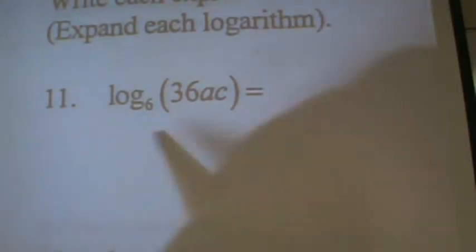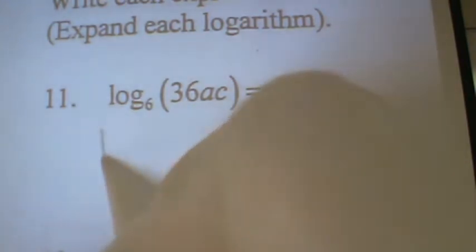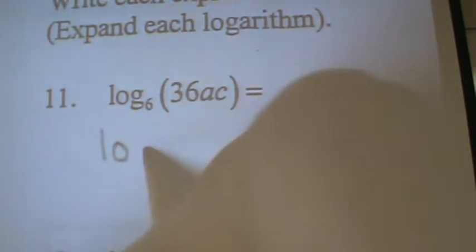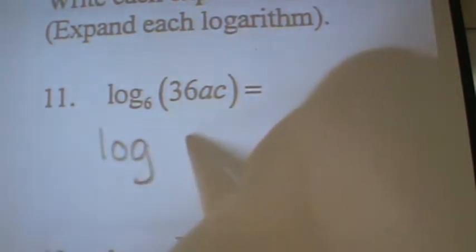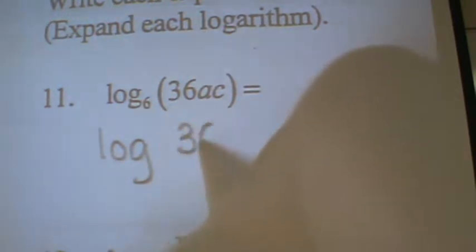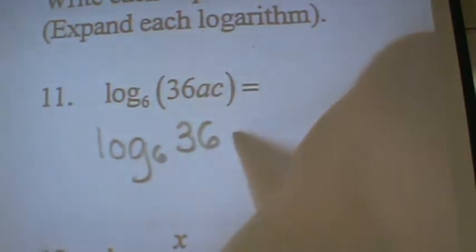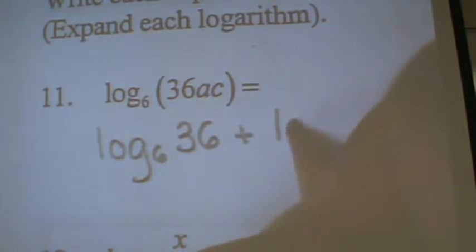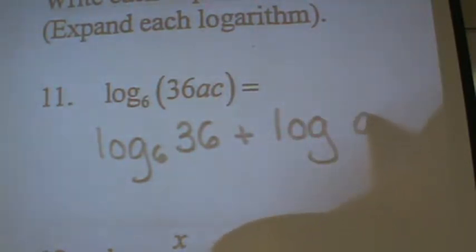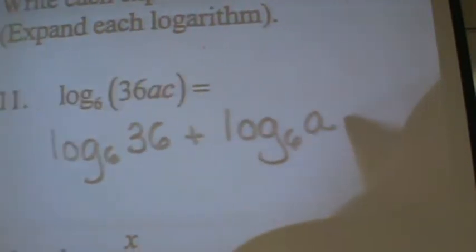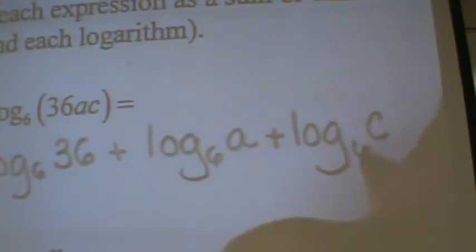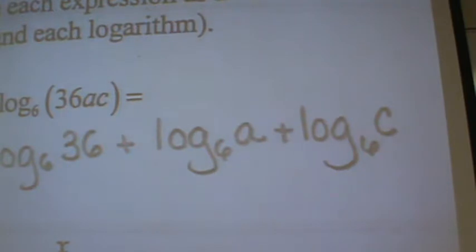How would you write this one? Anyone? Log of 36 with the base of 6 plus log of A base 6 plus the log of C base 6. Beautiful. That's the answer. Perfect.